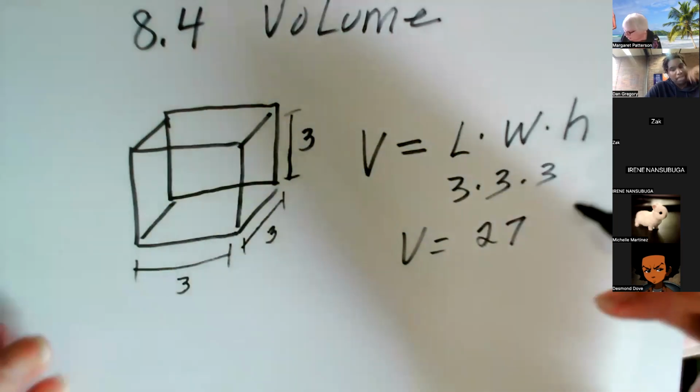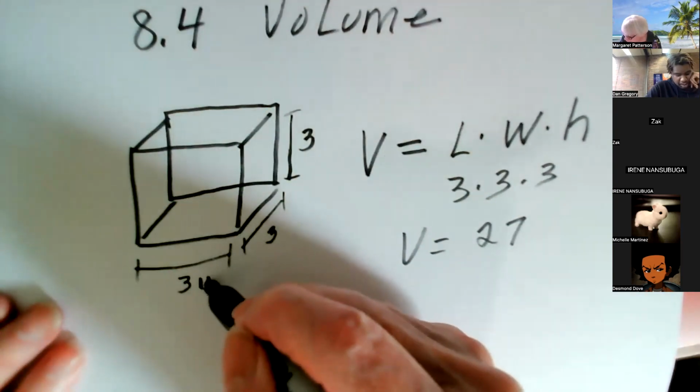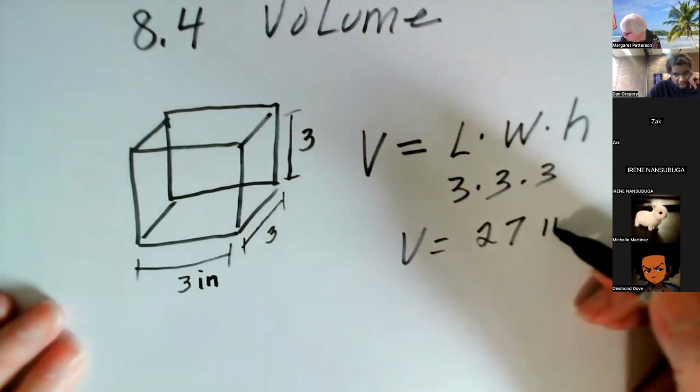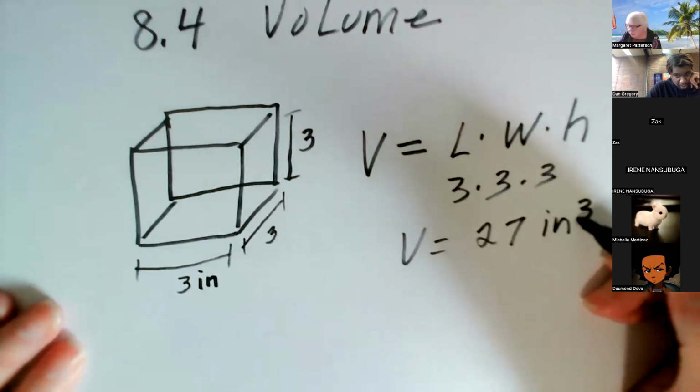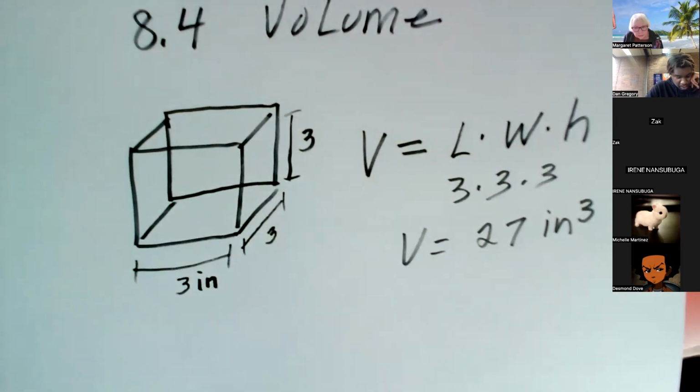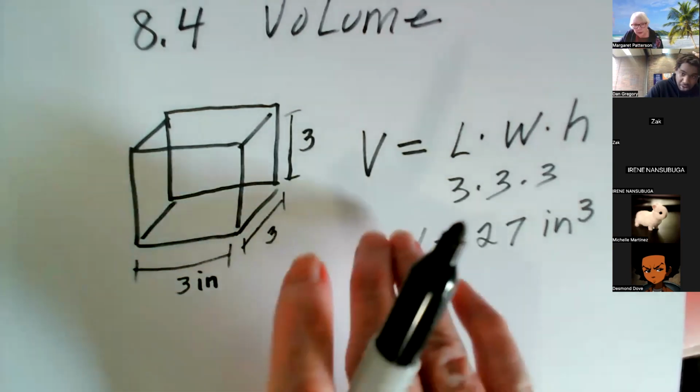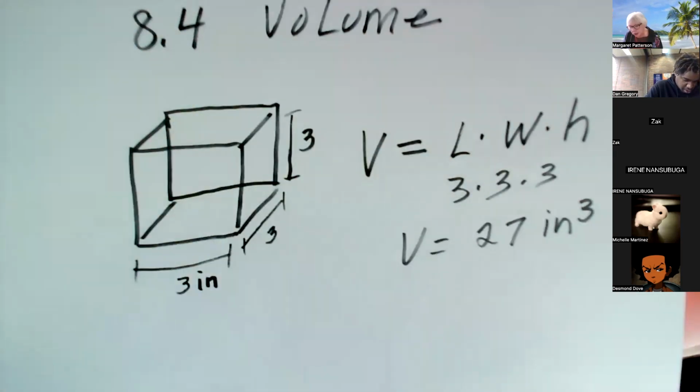And now, if this was all in inches, it's cubic. Inches cubed, inches to the 3rd power. We're in 3 dimensions, you see? There's a length and a width and a height. There's 3 dimensions to this. It's like a solid object.